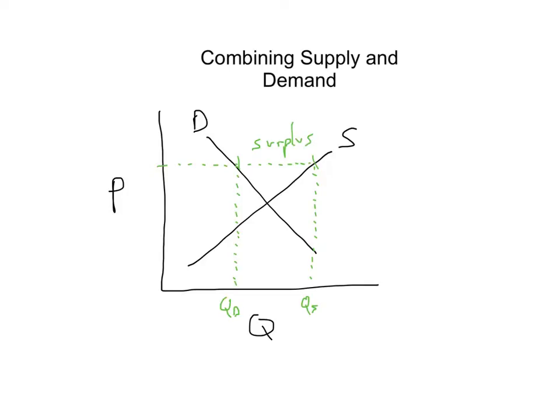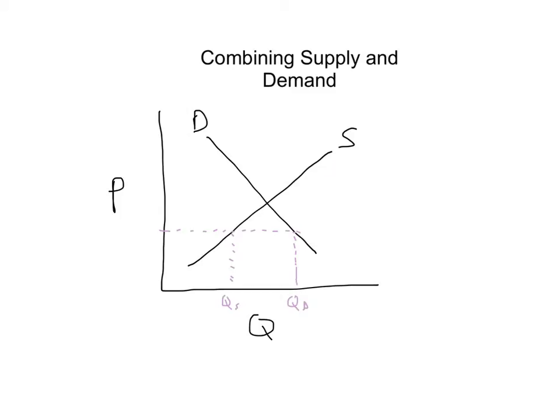Okay, so let's actually get rid of this stuff here, and we'll choose a new price and a new color. So let's use this price, and at this price, quantity supplied is there, and quantity demanded is there.